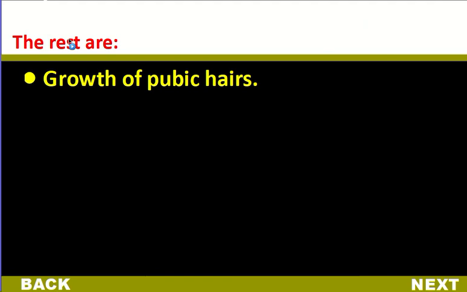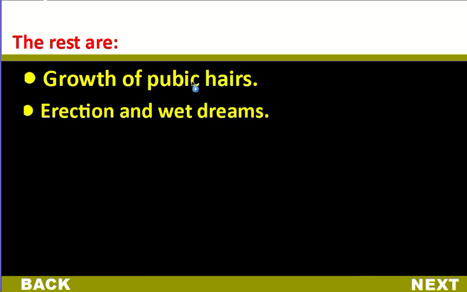The rest of the changes, you see the growth of pubic hairs around the private parts. I couldn't show you pictures because I want you to identify them yourself. You are at puberty and then you see the hairs begin to grow in your private parts. Then erection and then wet dreams.